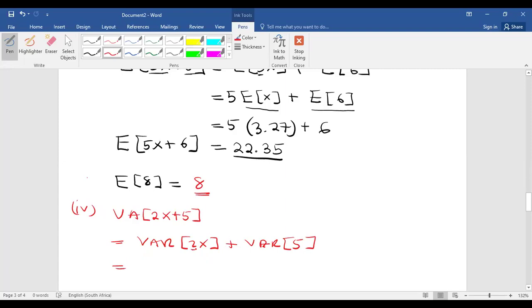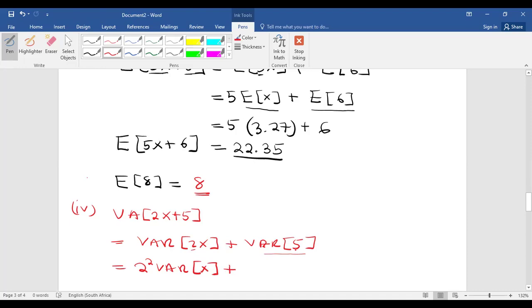The 2 will come out of the variance squared, so it will be 2 squared times variance of x, plus the variance of a constant.